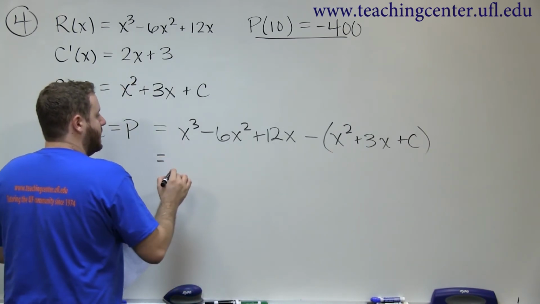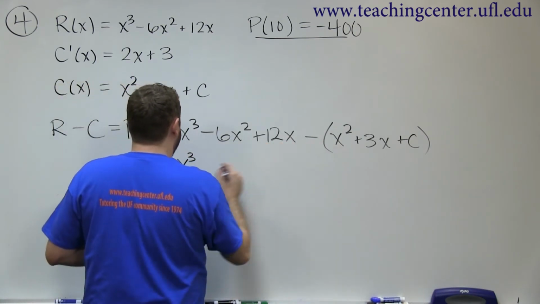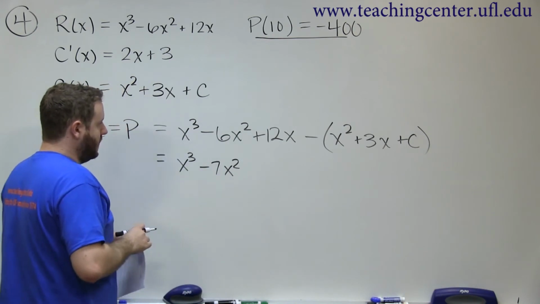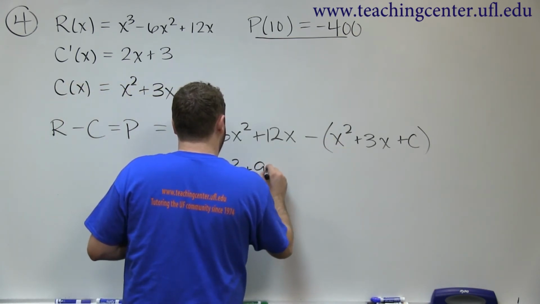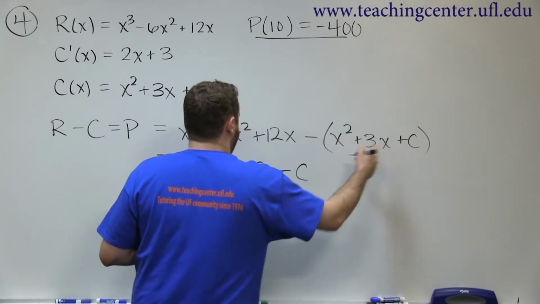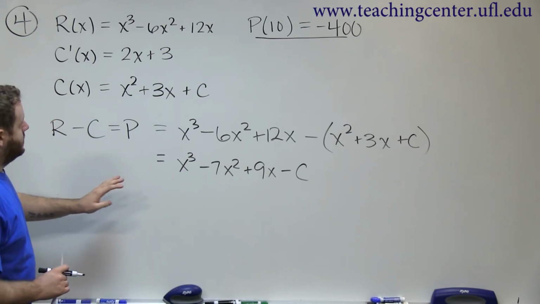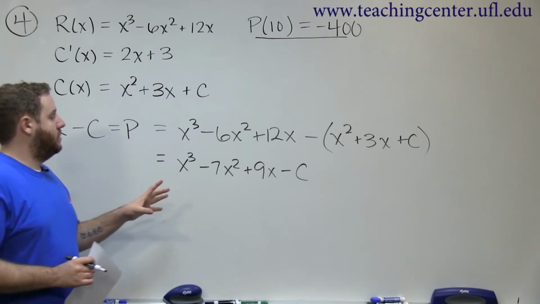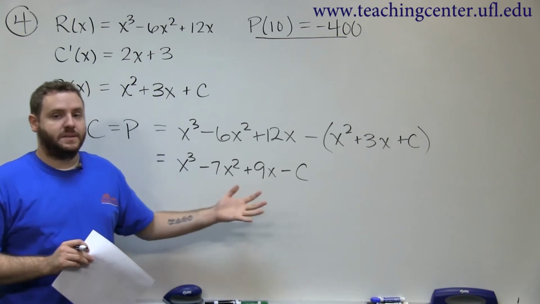So when we combine all our like terms, we get x cubed minus 6x squared minus x squared would be minus 7x squared plus 12x minus 3x would be plus 9x. And we get minus that constant that we had over here. So this is our profit function.